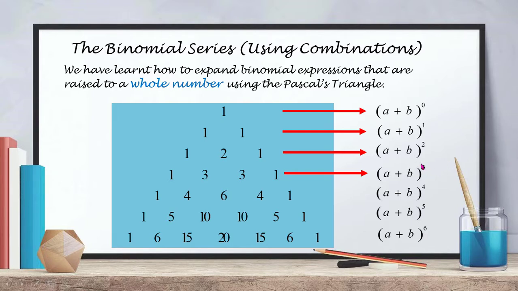So if I want to raise a binomial expression to the power 3, I simply locate where the number 3 is, and the row which it makes should be used as binomial coefficients.